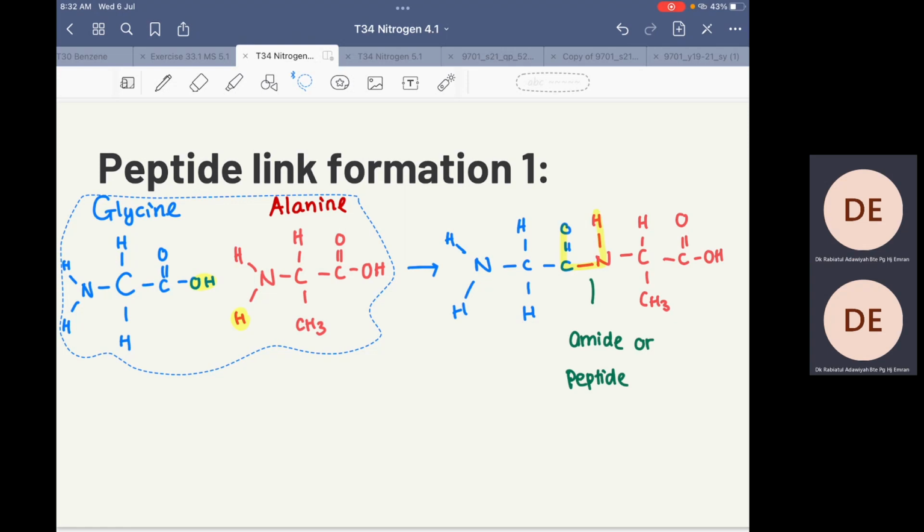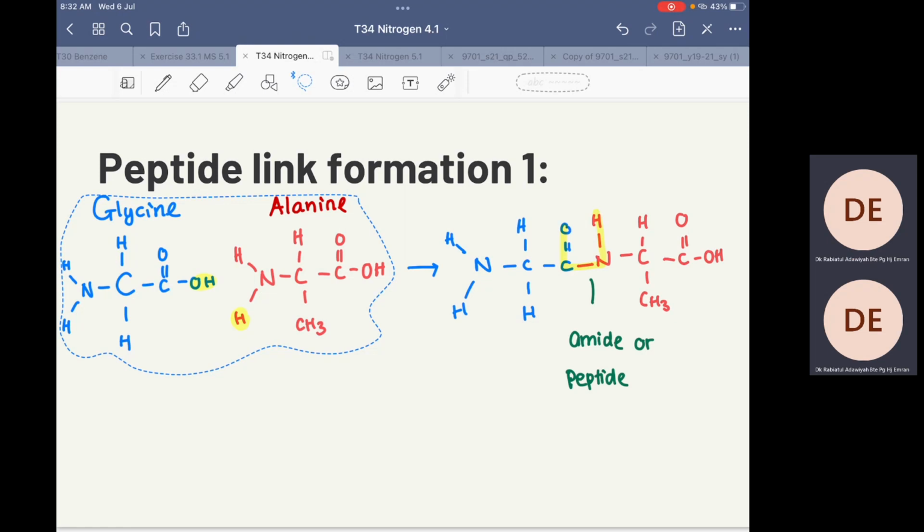Peptide link formation 1. The other one is using the other functional group that we haven't used yet. So it's a different, separate reaction. Okay? Are you done with this? Some of you still copying this down, so I will not change it.